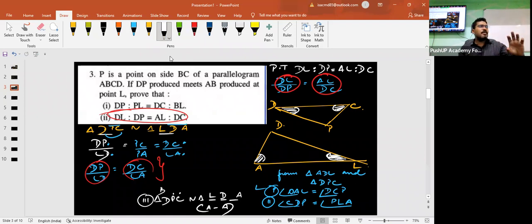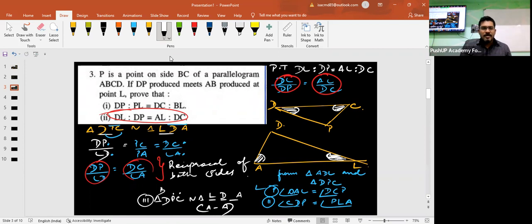If you suddenly don't remember the term invertendo, just write reciprocal of both sides. So when you take the reciprocal of both sides, you get LD upon DP is equal to LA upon DC. Hence proved.